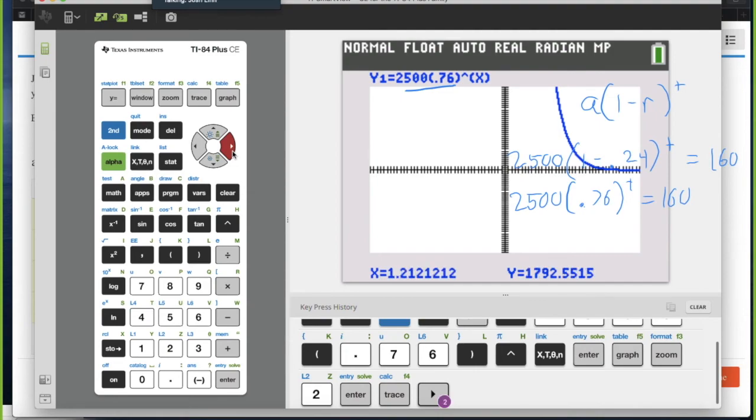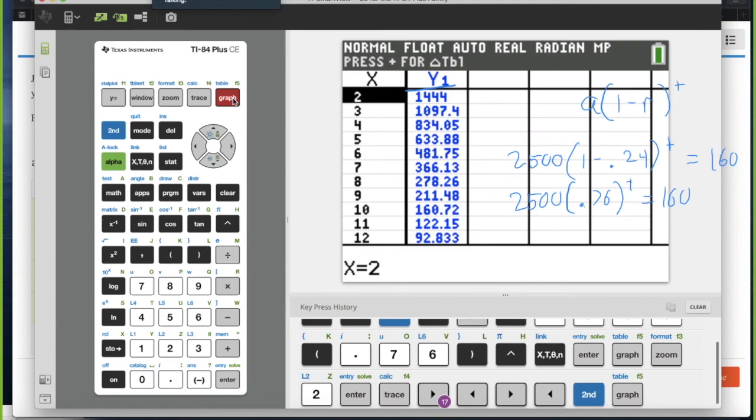I'm just going to keep going over until my y is roughly about 160. So at 9.6 or 10, somewhere in between there. I can also look at my table. That was around 10, right?